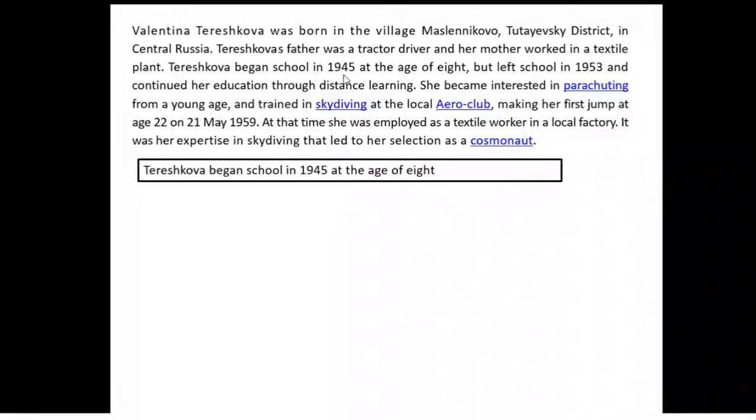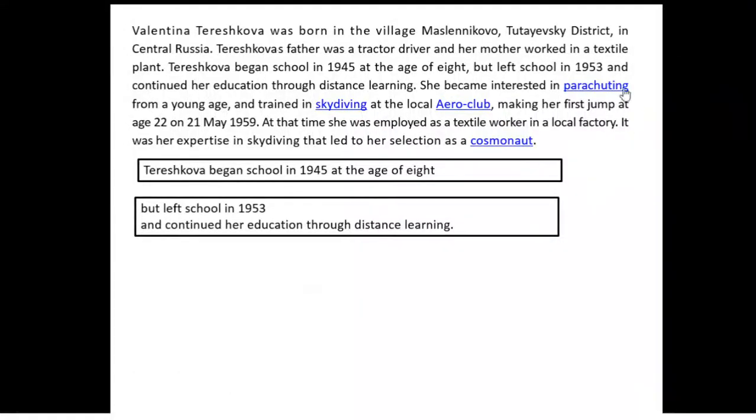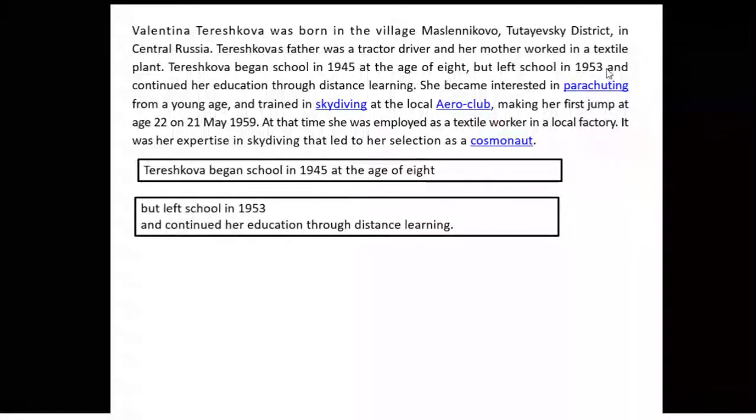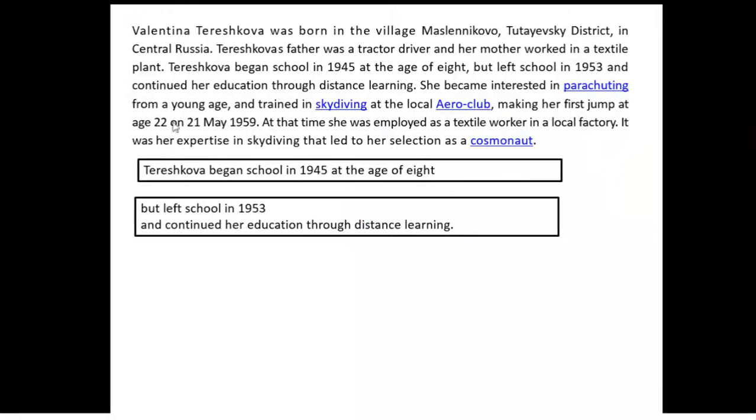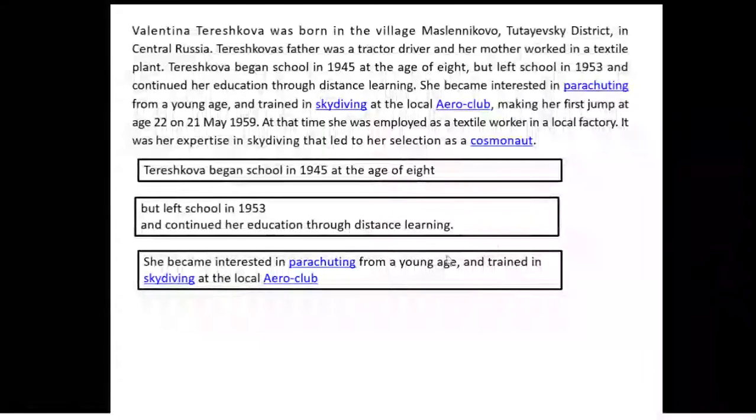Tereshkova began school in 1945 at the age of 8. And then another point, but left school in 1953 and continued her education through distance learning. Here you find another stage.